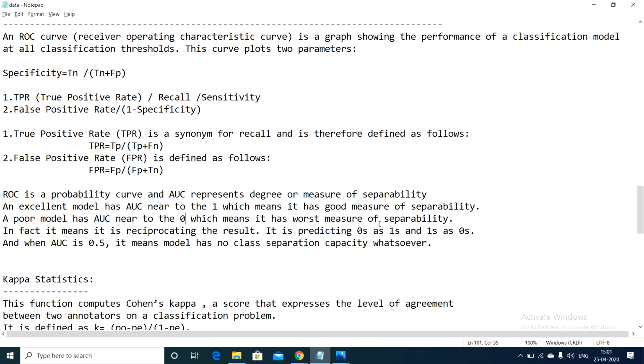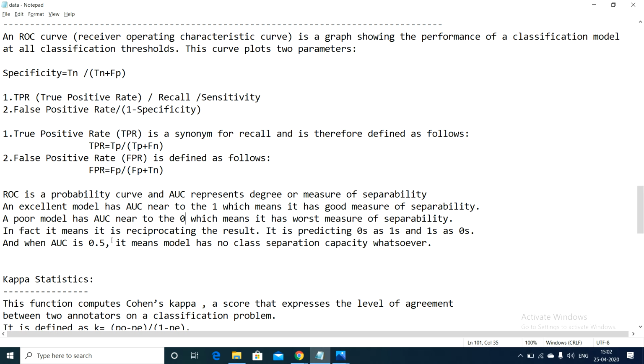So if the AUC value is 0, the model is predicting zeros as ones and ones as zeros. If the AUC value is 0.5, then it means the model has no class separation capacity.